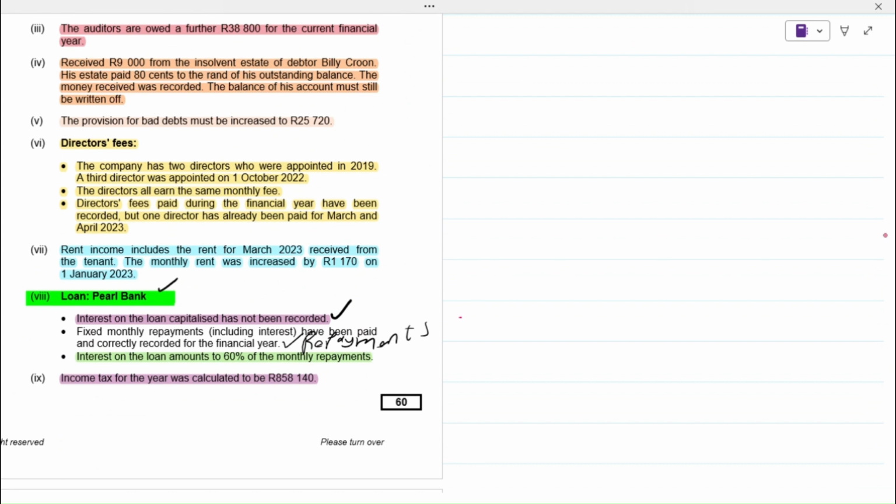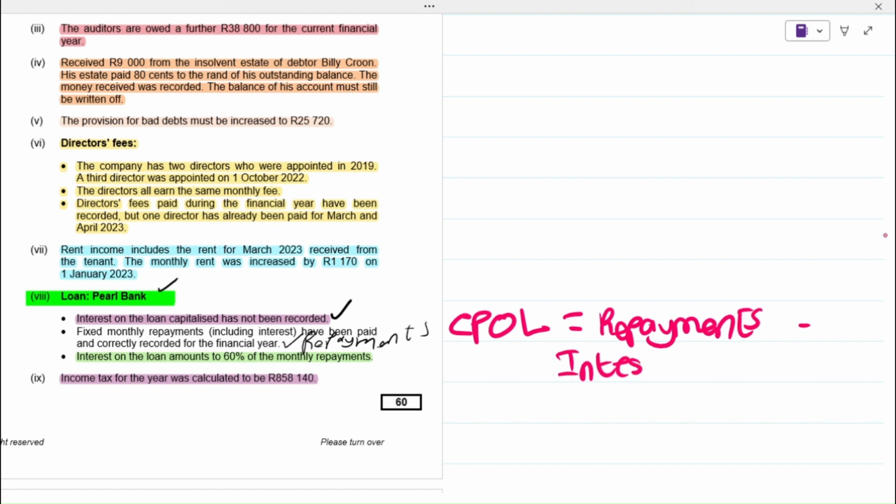To calculate it quickly, my current portion on loan will always be my repayments less interest capitalized. We looked at this in detail in our previous video.